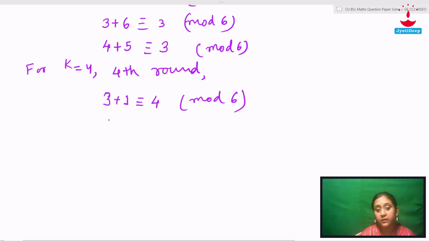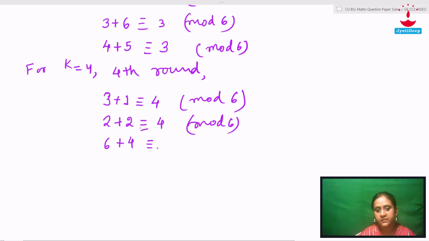Now, 2 plus 2 congruent to 4 under mod 6. Now 6 plus 4, that is 10.